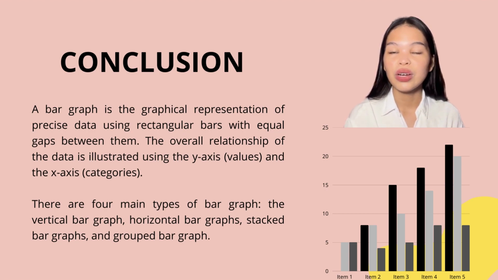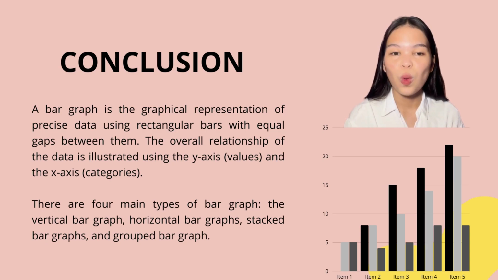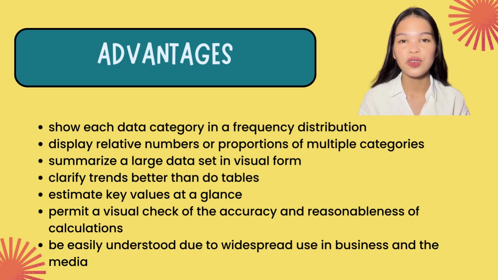Bar graphs are very helpful in representing dense information at a glance and allow one to observe trends easily. Advantages of using bar graph. First, it shows each data category in a frequency distribution.